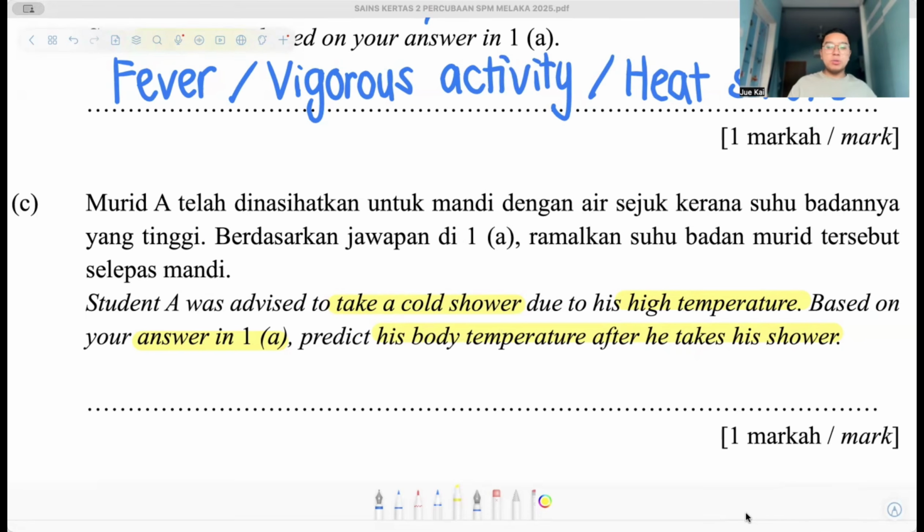Some more, I want to see others' answers. Just a random number. You don't need to worry about what to write, whether 36 or 35 or 37 point something. No need. Just give me a random number. Just be confident, guys. This is giving you free marks. If you don't want these free marks, then bye. That's the thing.